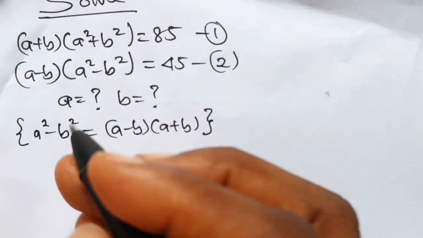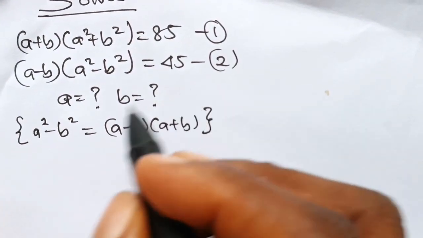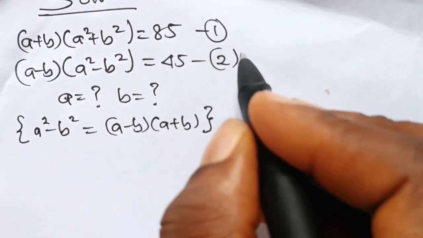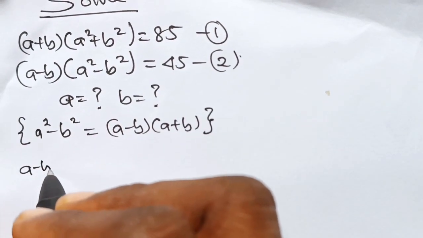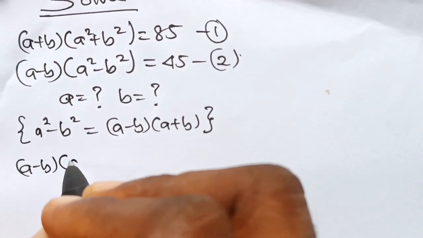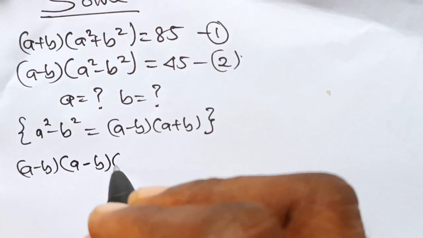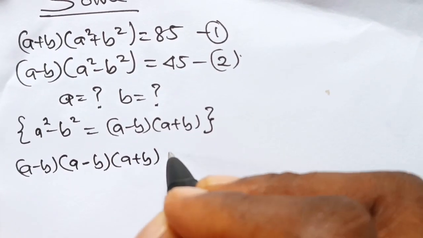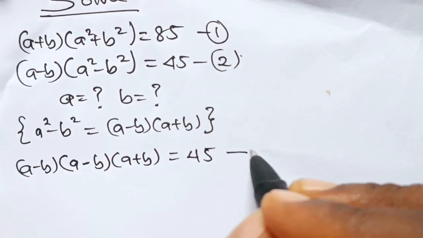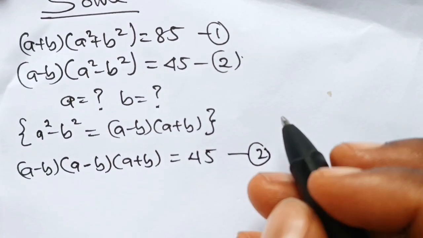Okay, so we can now write equation 2 as a minus b multiplied by a minus b bracket a plus b is equal to 45. So this is still equation 2.